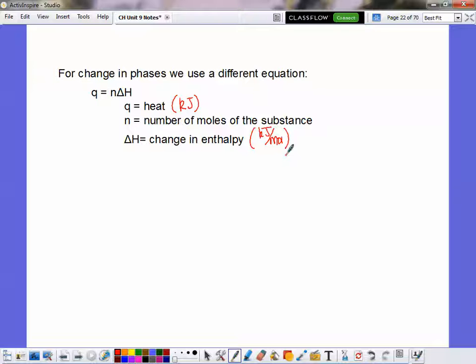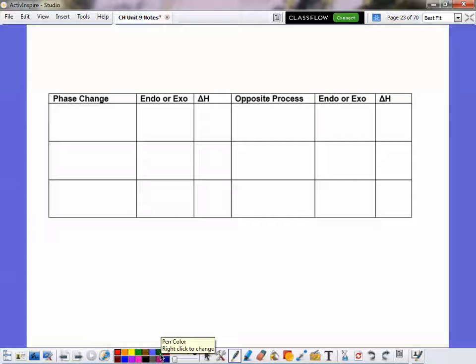Are we ready? All right, so let's think about our phase changes. One of the phase changes is going from the solid to the liquid phase. What would that be called? Going from solid to liquid? Melting, right?